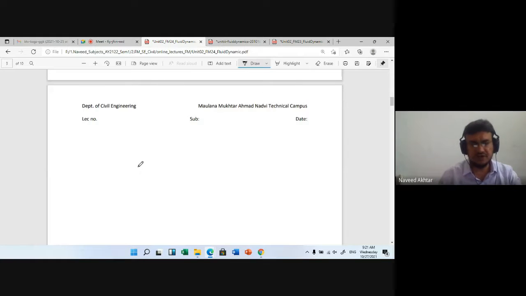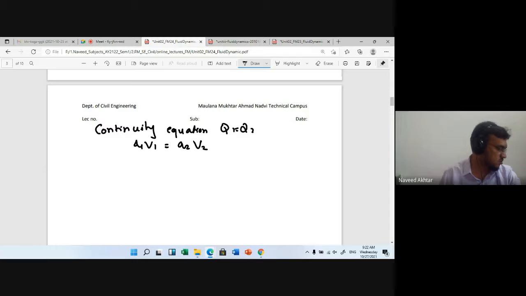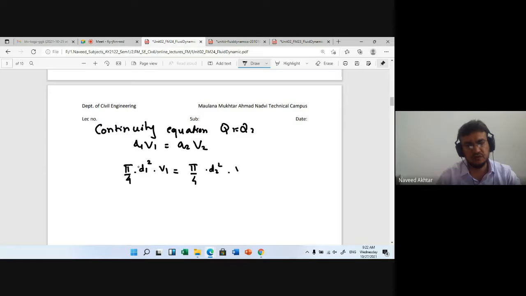Now we know the continuity equation, that is Q1 is equal to Q2, that is A1 V1 is equal to A2 V2. A1 is nothing but pi by 4 into D1 square into V1, and A2 is pi by 4 into D2 square into V2.